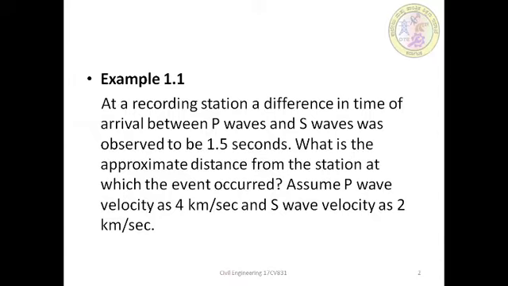Assume P wave velocity as 4 km per second and S wave velocity as 2 km per second. So here the two velocities are known to us, and the difference in time is also known to us. Let us see how we can calculate the distance.